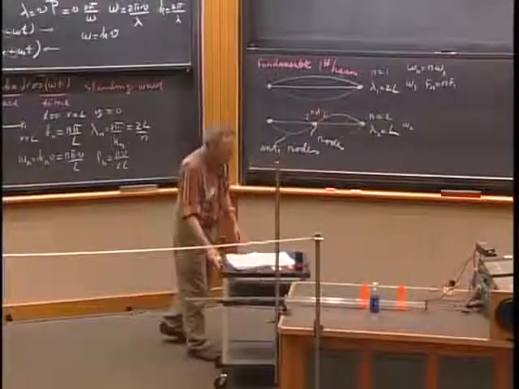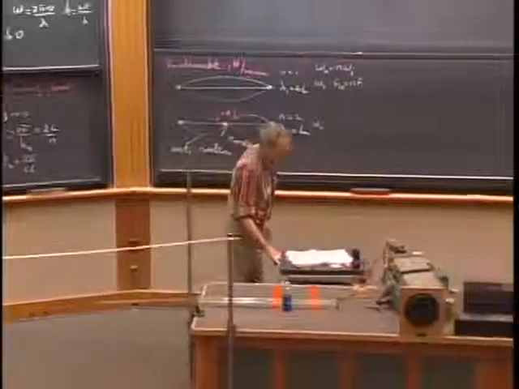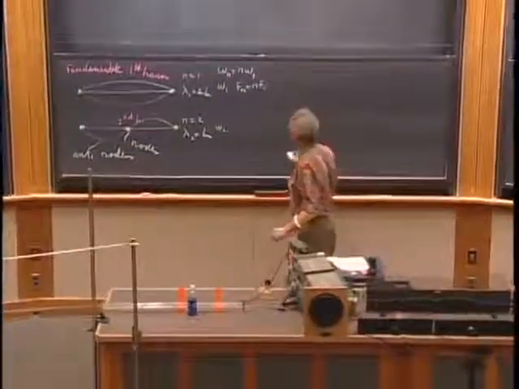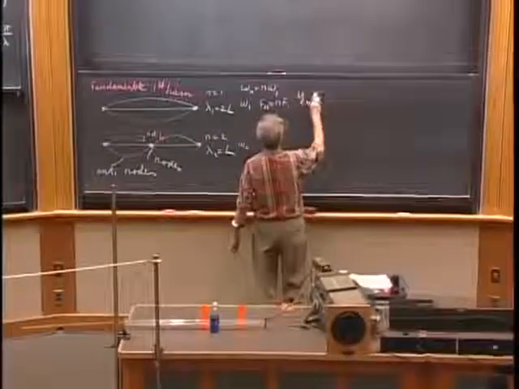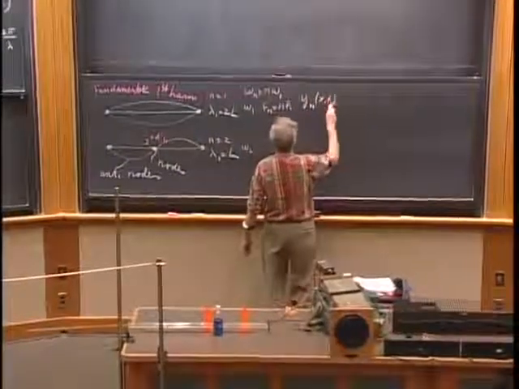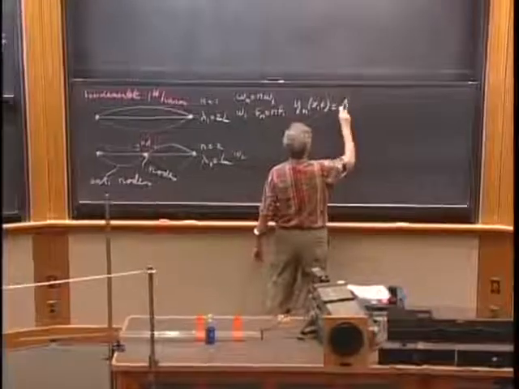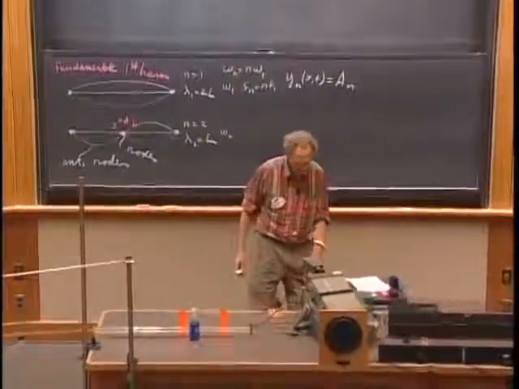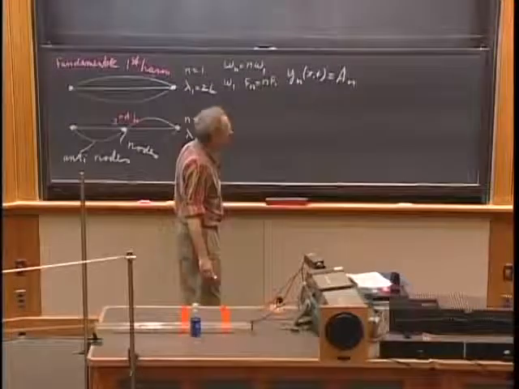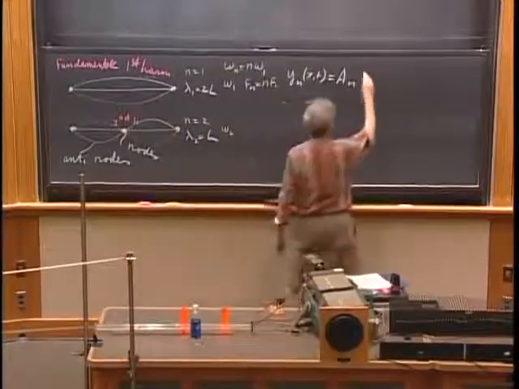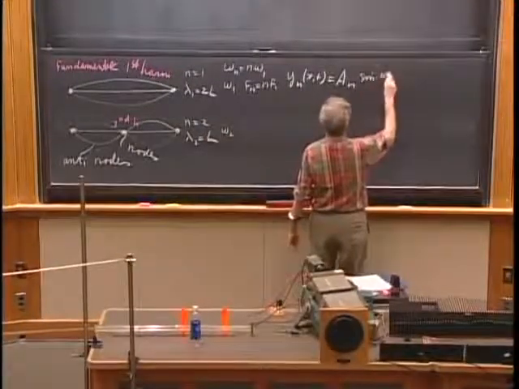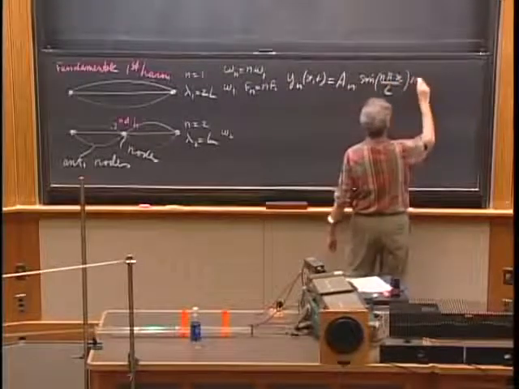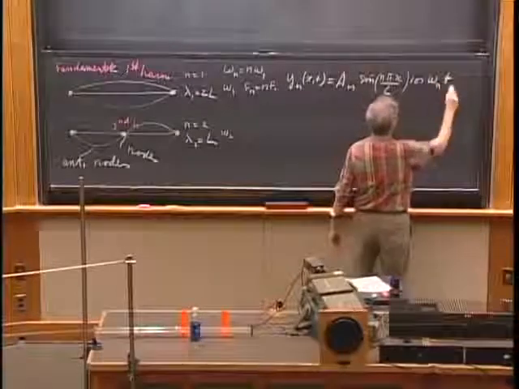So if you want to write down now the situation for your nth mode in its most general form, then y as a function of x and t in the nth mode would have its own amplitude, a of n, whatever that is. You can pick that for different values of n. And then you have here the sine of n pi times x divided by L. And here you have the cosine of omega n t.